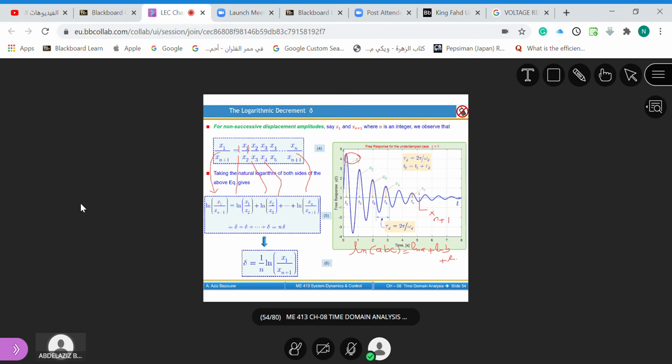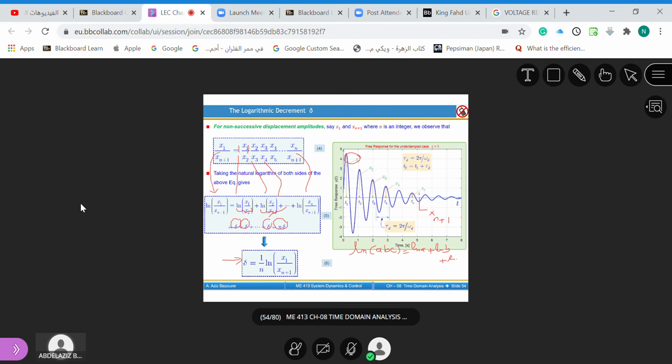So if you look at this one, we already defined it to be delta. And this one, we already defined it to be delta. And this one is delta, up to n delta. At the end of the day, we will have n delta. So n delta will be equal to ln x1 over xn plus 1. And at the end, delta will be equal to 1 over n ln x1 over xn plus 1.